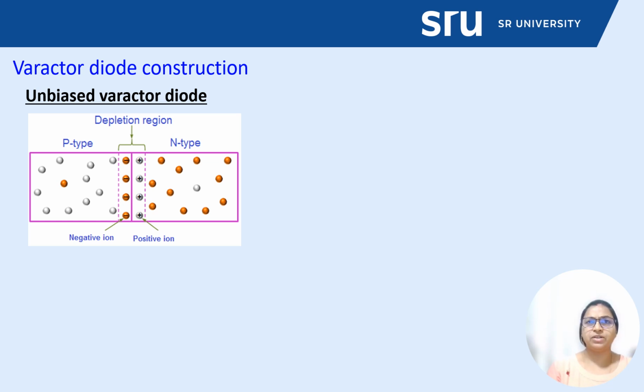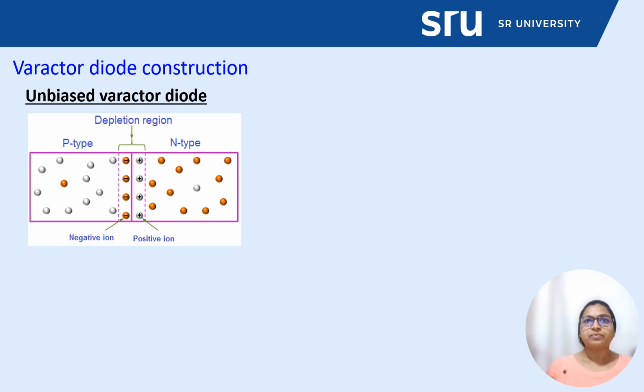For free electrons, the n region is the higher concentration region and the p region is the lower. For holes it is opposite: the p region is the higher concentration region and the n region is the lower. Therefore free electrons always try to move from the n region to the p region. Similarly, holes always try to move from the p region to the n region.